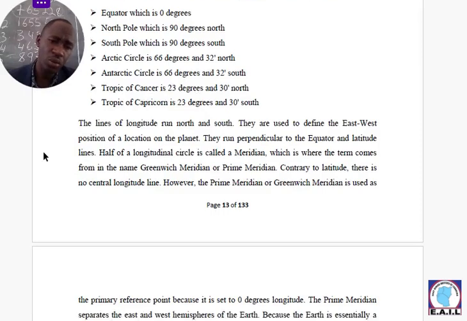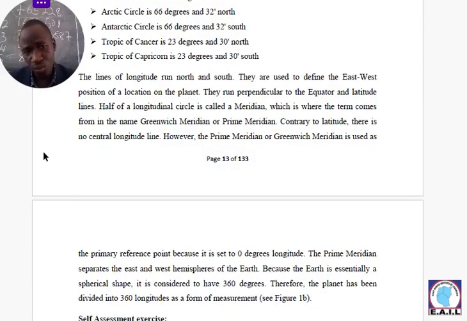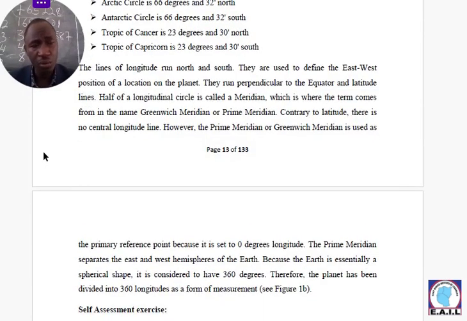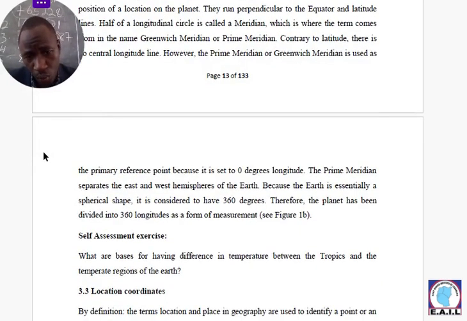They run north to south and divide the globe into two equal halves. We usually call them the dark hemisphere and the light hemisphere. They divide the globe into two halves from north to south, and they are labeled with 0 degrees.